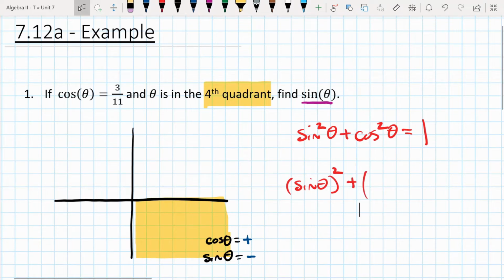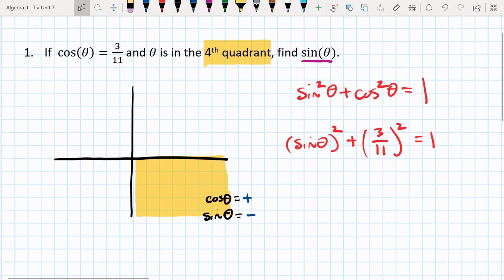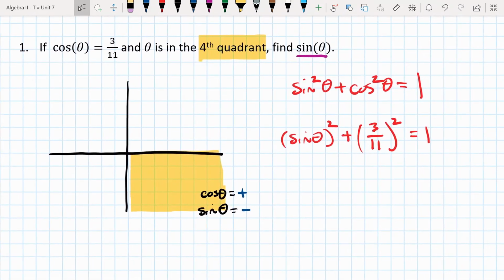Instead of cosine squared, 3 over 11 squared, equals 1. Now let's solve for sine. So sine of theta squared plus 9 over 121, since the 2 distributes to the 3 and the 11, equals 1.